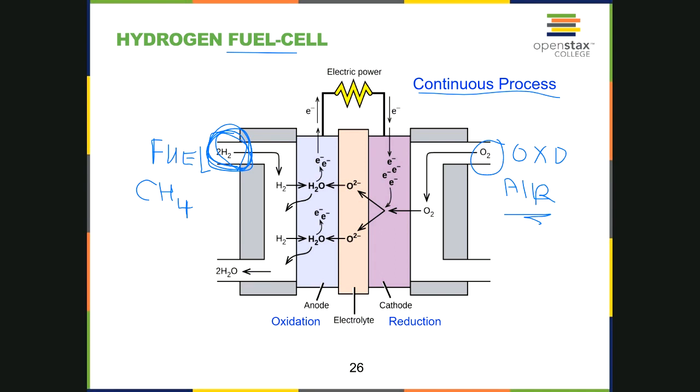Most of the time, this is for people that are living in remote areas and they want to produce electrical current for their home. So instead of using an electric generator that was not very efficient, they would use a fuel cell that is very efficient, and they would be burning methane or propane or some other fuel like that and using air that's present. And those work pretty well.